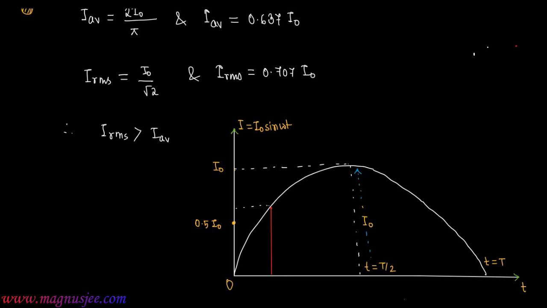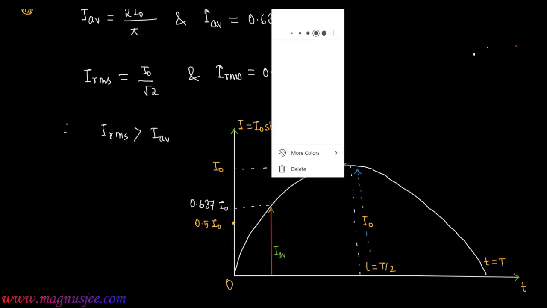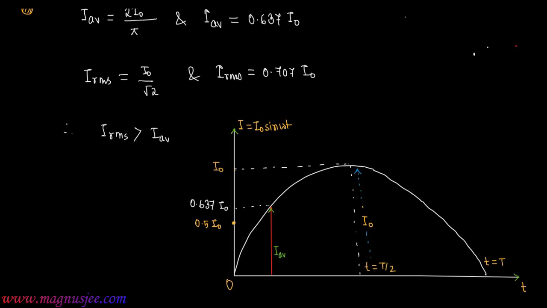Now we can denote the average value of current. This is 0.637 times I₀, and that is the average value of current I_AV.